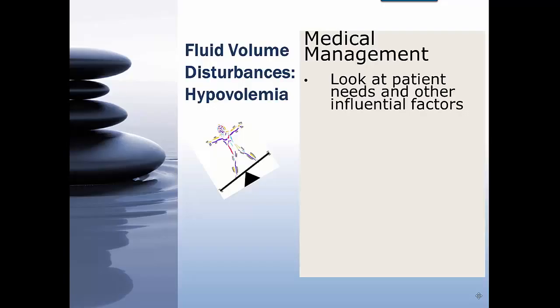We also replace with isotonic solutions. So 0.9% normal saline or lactated Ringer's are the most common, and they're used to treat hypotension due to the hypovolemia because they help to expand the plasma volume.